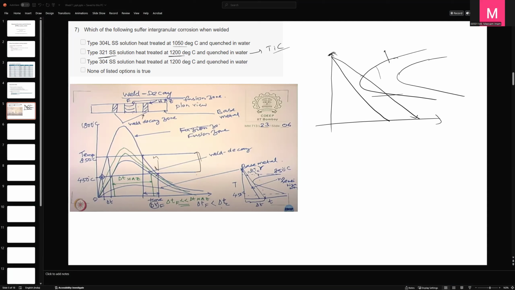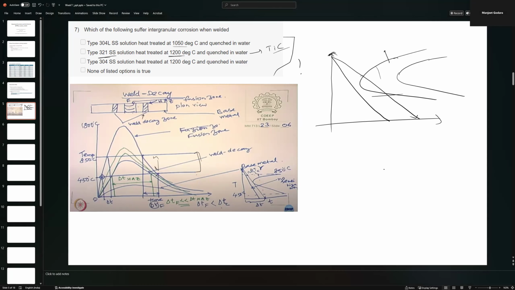So I request you to please follow up with the course instructor so that we can have better clarity on this question. Okay, I'll do that. Quenching is supposed to be really fast, so it shouldn't enter this zone for any reason.